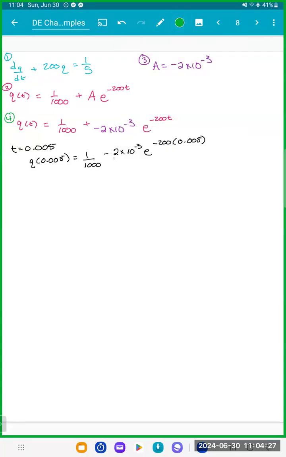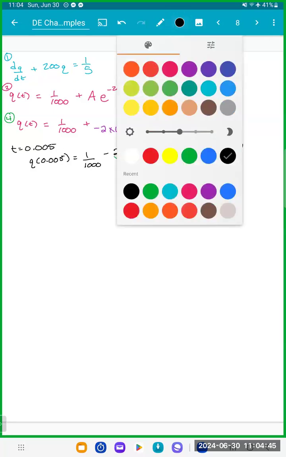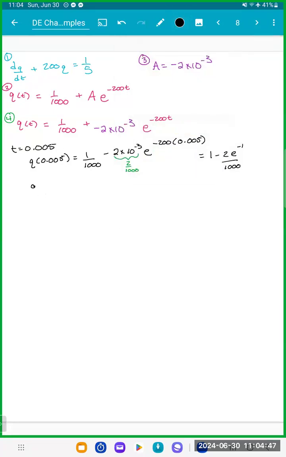I will say this right here is really the same as saying 2 over 1,000. Okay. That all simplifies to 1 minus 2 times e to the negative 1 over 1,000. Okay. So we end up with Q of 0.005 is equal to 2.65 times 10 to the negative 4 as a solution.